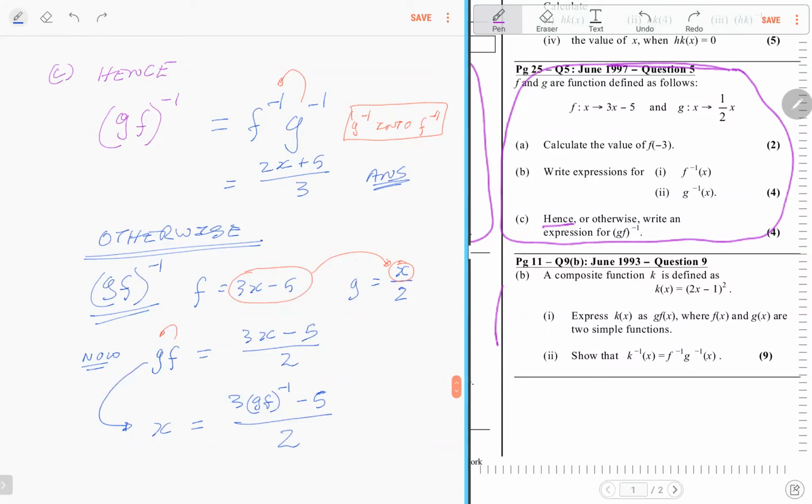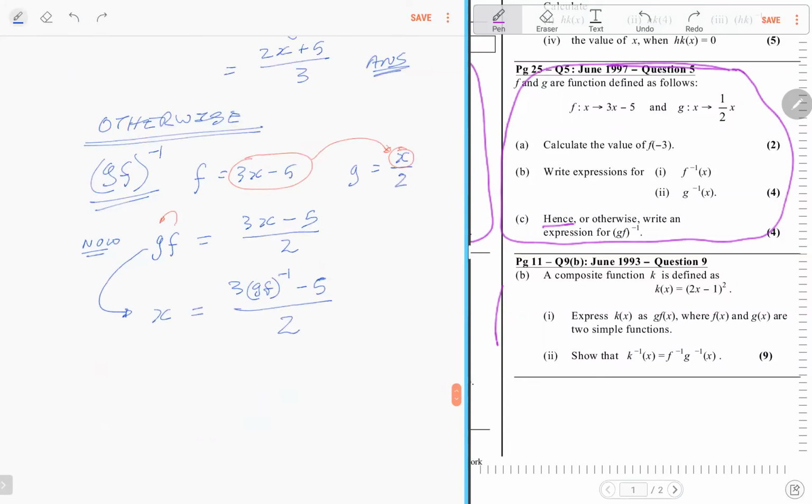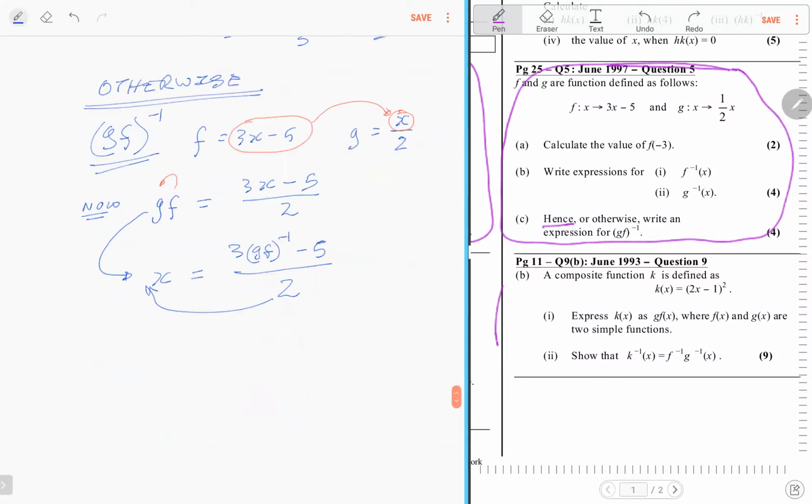So what do we do first? We multiply the 2 across. I will multiply both sides by 2. So we'll get 2x equals 3(gf)^-1 minus 5. To leave this as the subject, carry over the 5 and then divide by the 3.